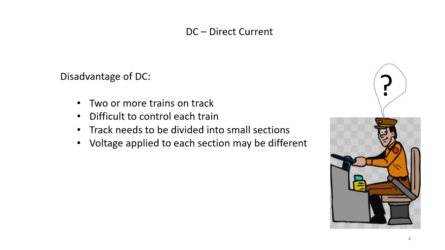In this situation, we need to divide the track into separate subsections and apply different voltages to different subsections depending on which engines are on there. And as the engines move around the track from one subsection to another, the voltage needs to change and move onto the next subsection. It becomes quite messy to control multiple engines with direct current.